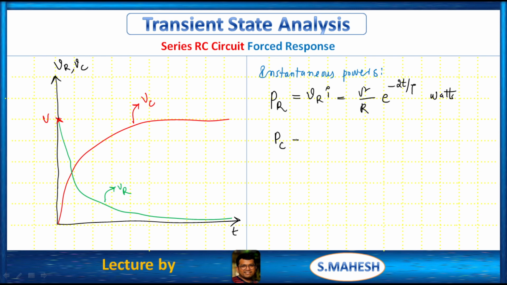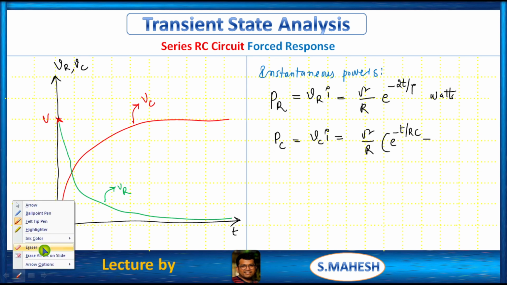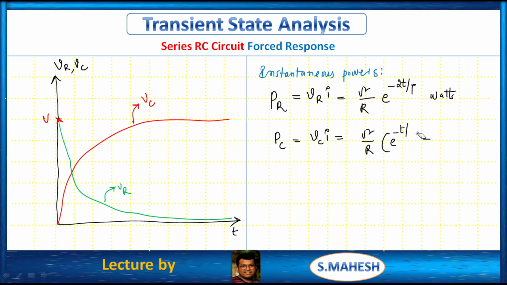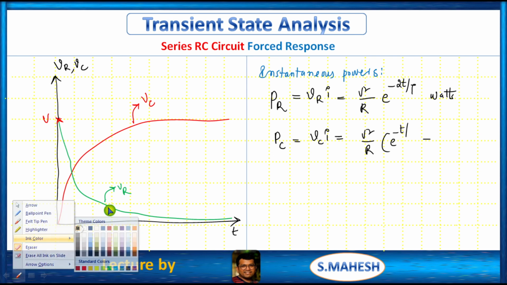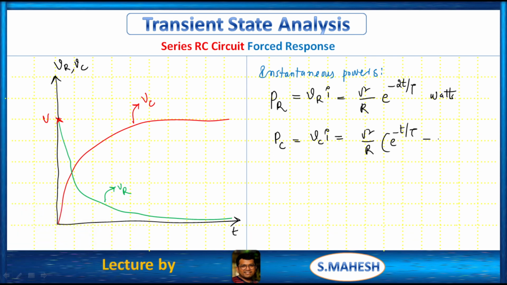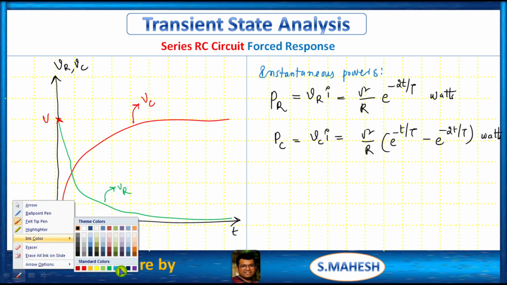Like that, PC, which is equal to VC into I, which is V square by R into 1 minus e power minus t by tau, into e power minus t by tau watts.